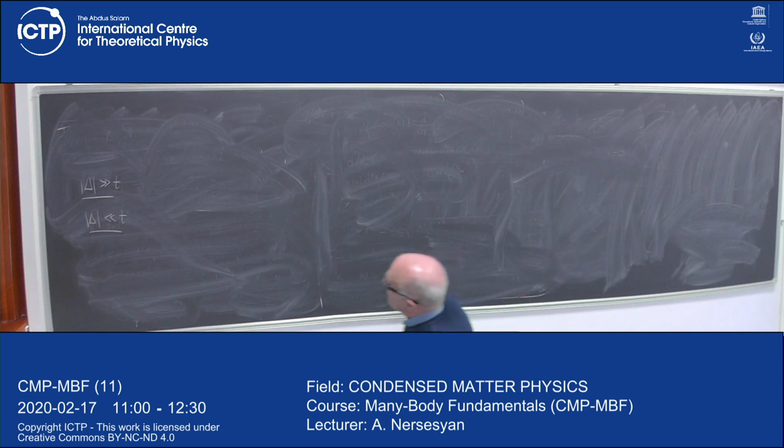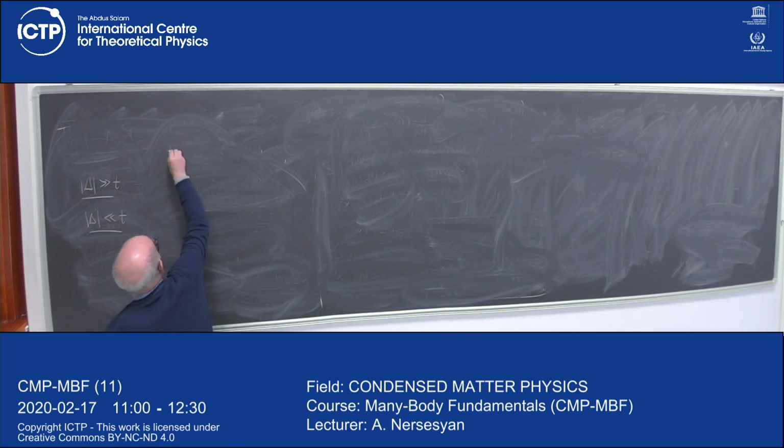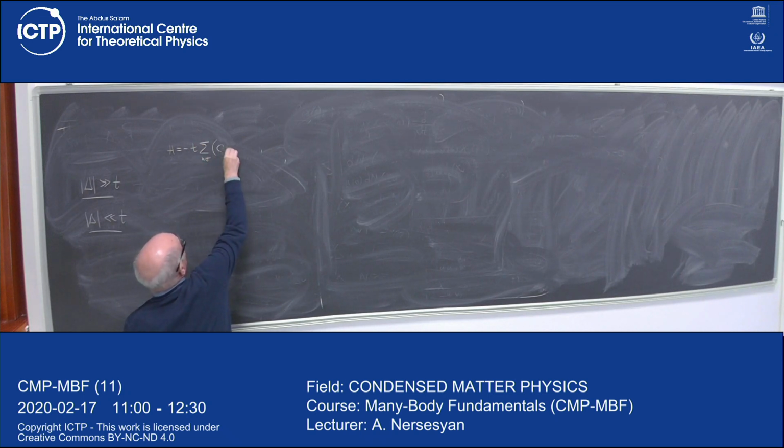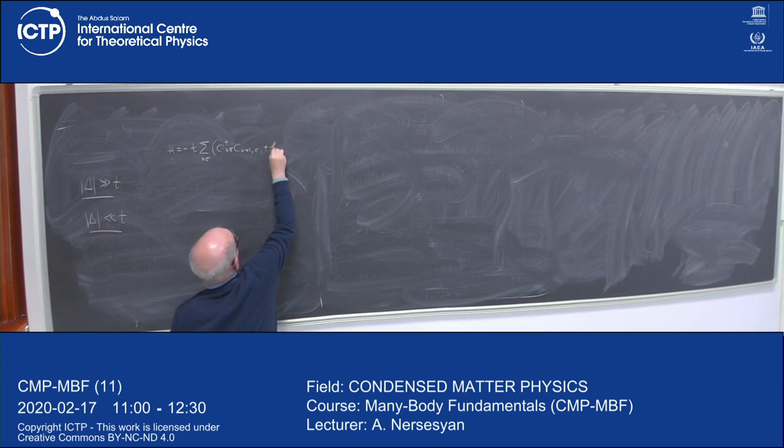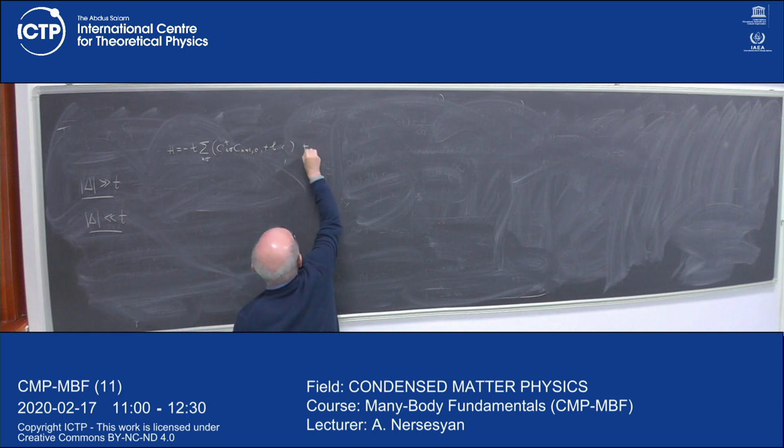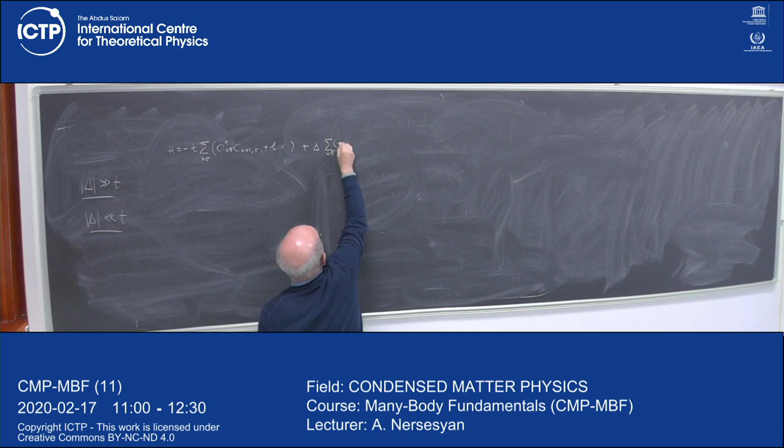So let me again remind you of the model. The model was quite familiar. In the beginning you have just the standard tight-binding part. And on top of that, you have the sign alternating part of the ionicity.